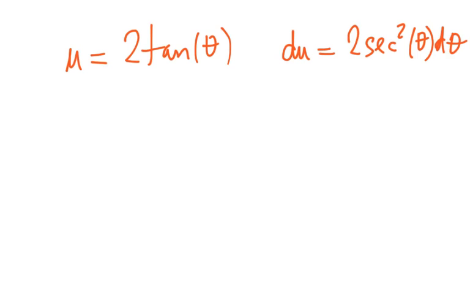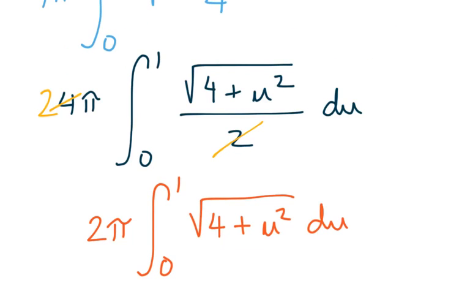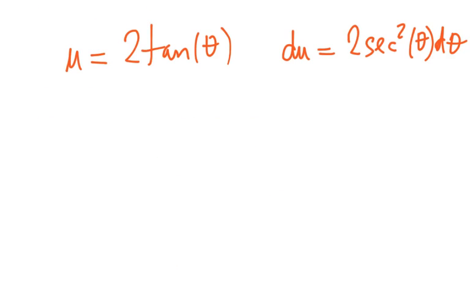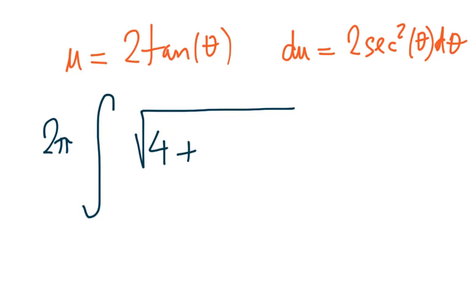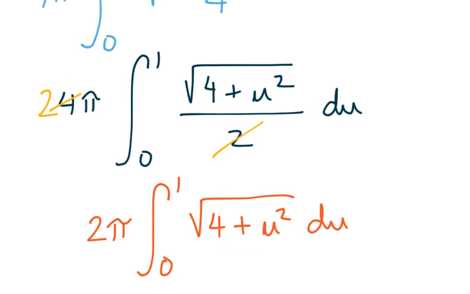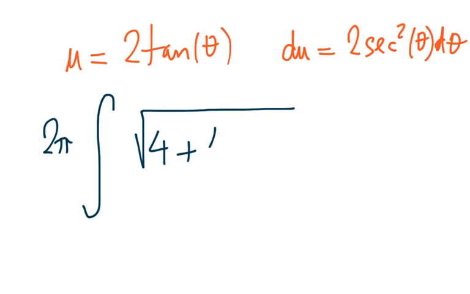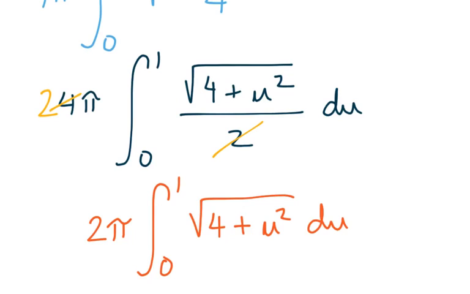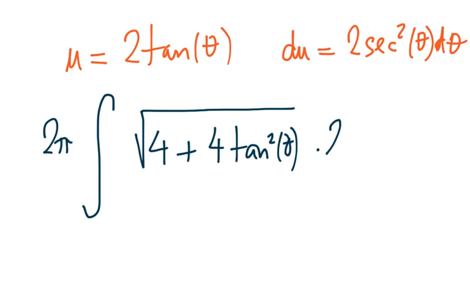All right. So now what I have here is 2 pi, the integral, I'm going to change those boundaries again, square root of 4 plus u squared, which is 4 tangent squared theta, and then du, which is now 2 secant squared theta d theta.